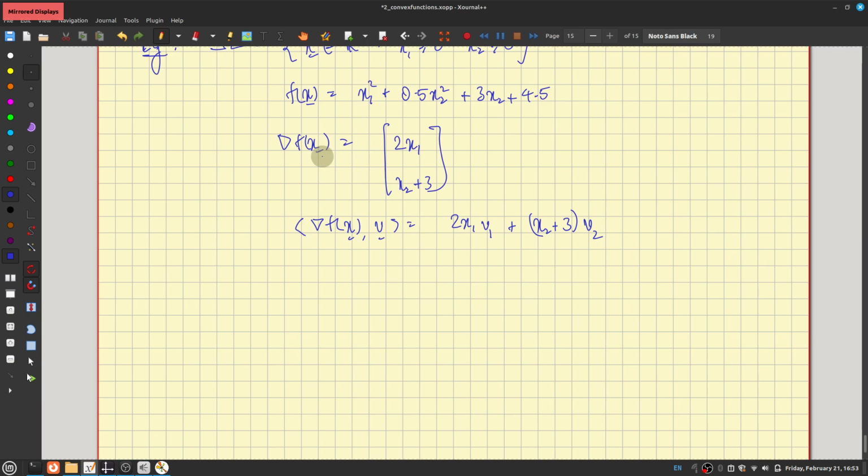Okay, so firstly, if you take any interior point or any x1, x2 which is greater than or equal to 0, is the gradient ever equal to 0? No, right? For every x1, x2 greater than or equal to 0, this gradient is never equal to 0. So no interior point is a local minimum.